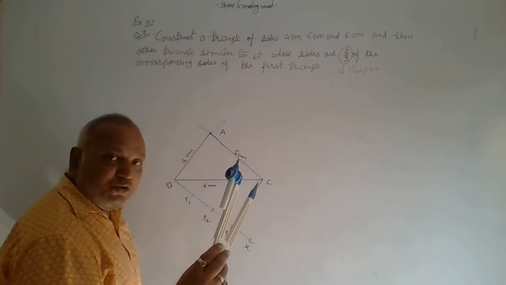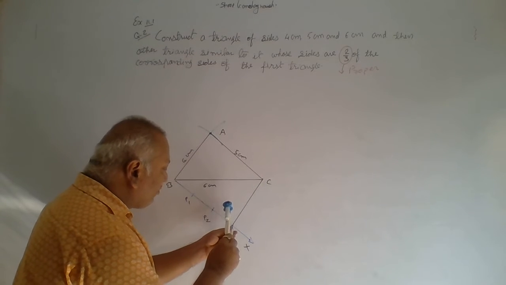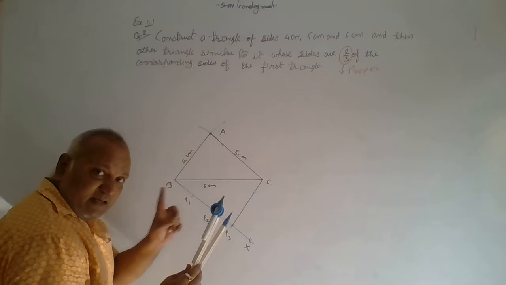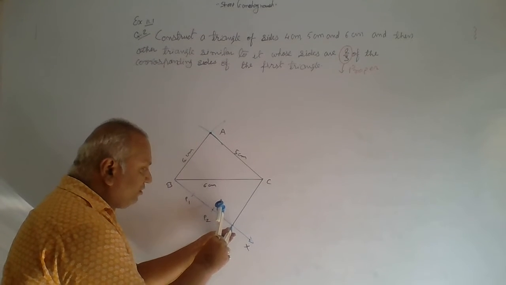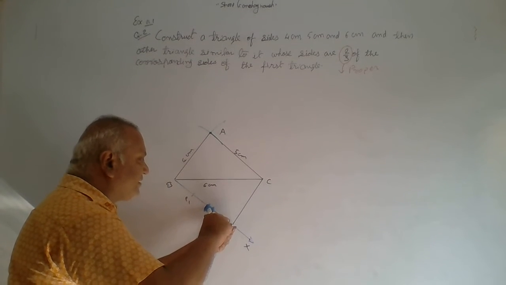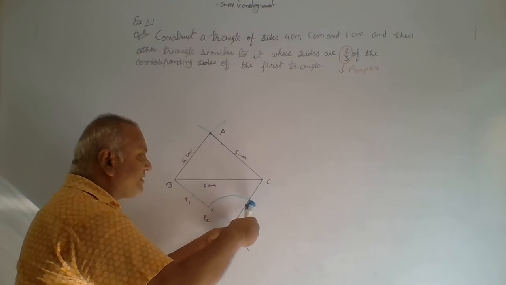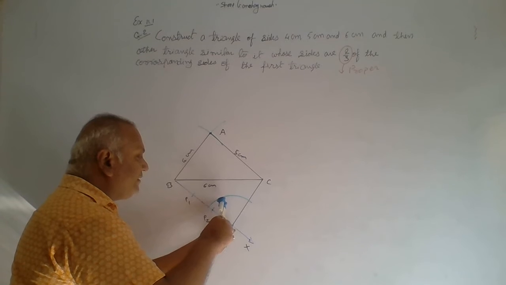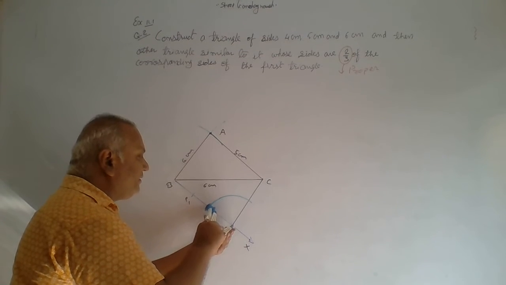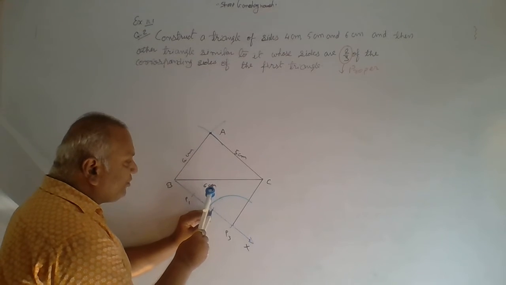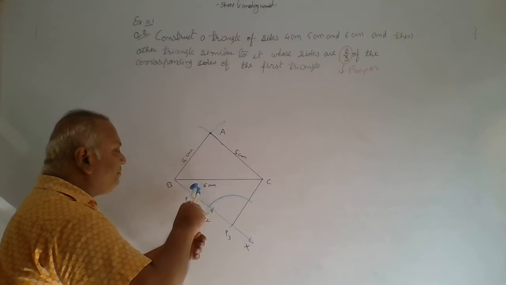For that we have to take a random measurement from P3. Mind well, from P3, I repeat, from P3 take any random measurement and construct an arc like this. With the same measurement, we have to construct another arc from P2.